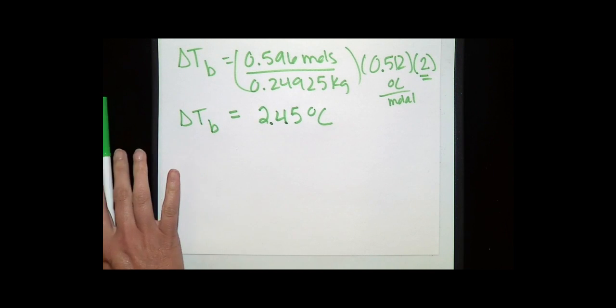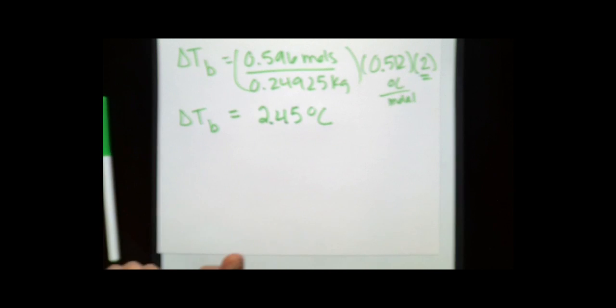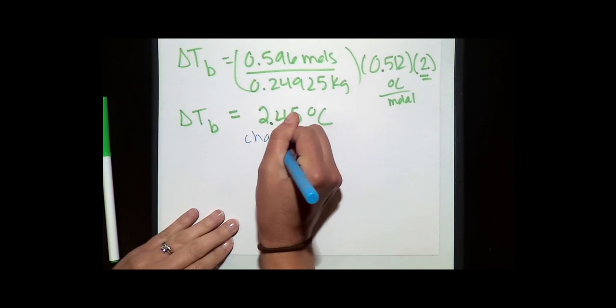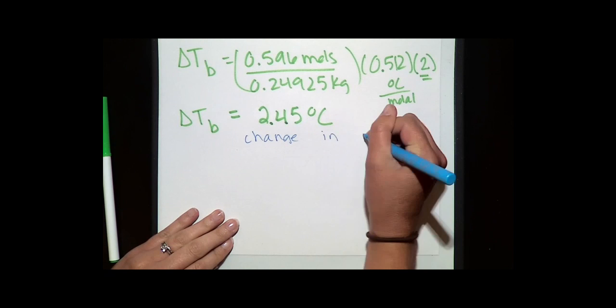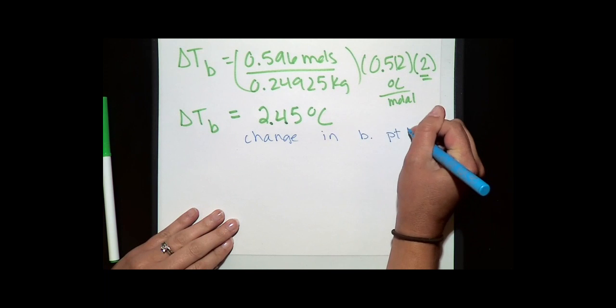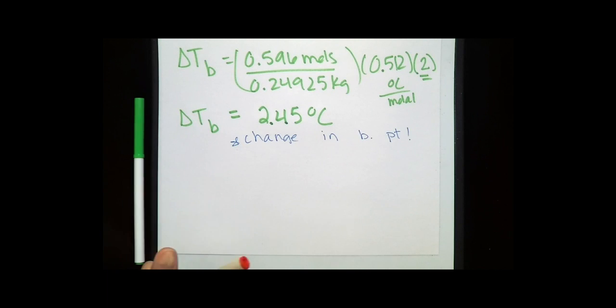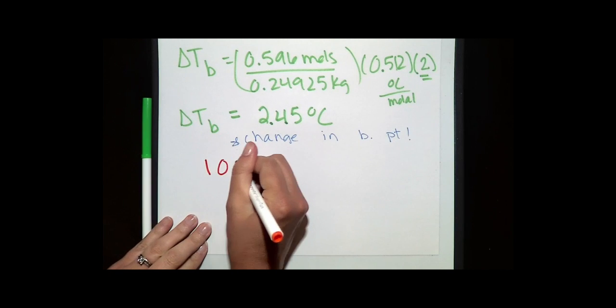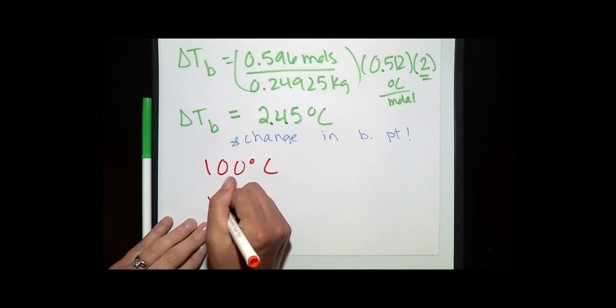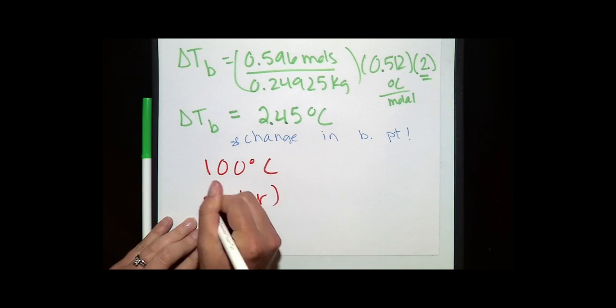Now, this is not my new boiling point. This is the change in boiling point. Do not forget this step. Very, very important. Normal boiling point is 100 degrees C, just for water, plain water.